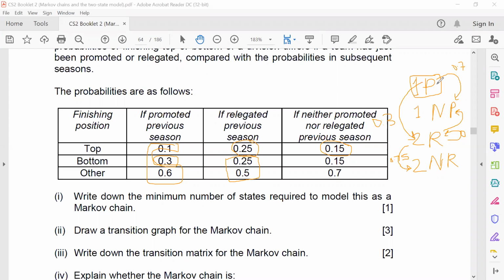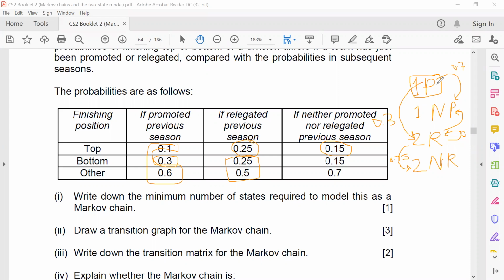Mihir, what do you think? Ma'am, if neither promoted nor relegated, suppose we are from 2NR, from 2NR we have to go to the top of the table. For this we can't go to 2R, because it is a state of relegated. And not promoted means it is in division 1 and it is staying in division 1 only.